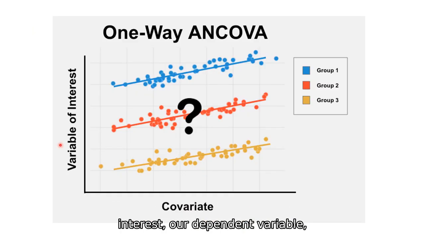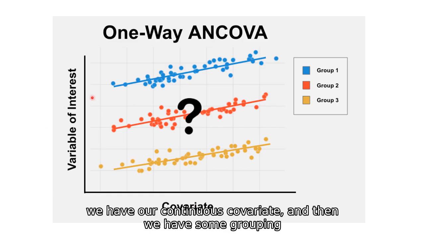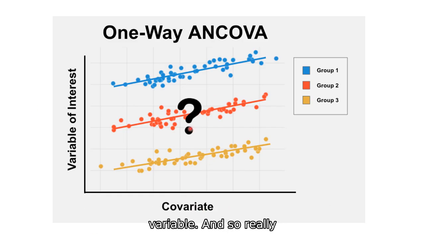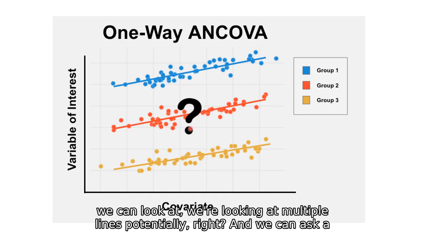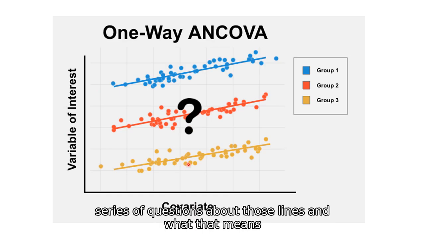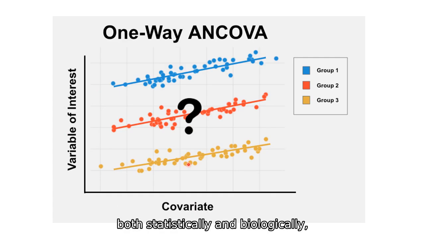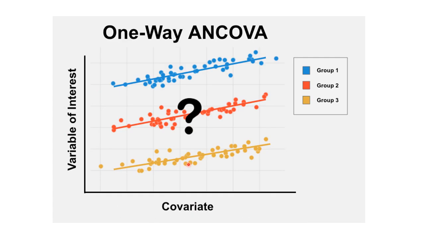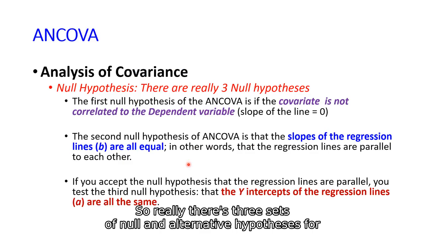Okay. So again, we have our variable of interest, our dependent variable, we have our continuous covariate, and then we have some grouping variable. And so really we're looking at multiple lines potentially, right? And we can ask a series of questions about those lines and what that means both statistically and biologically, right?